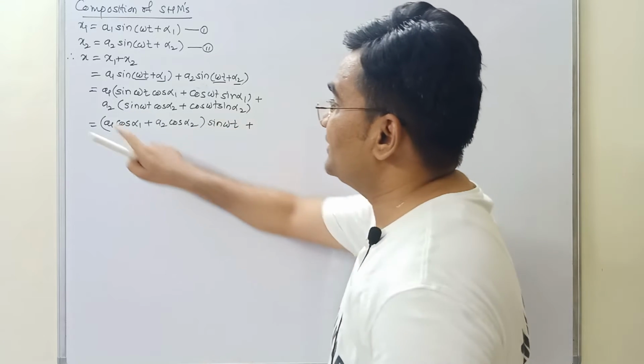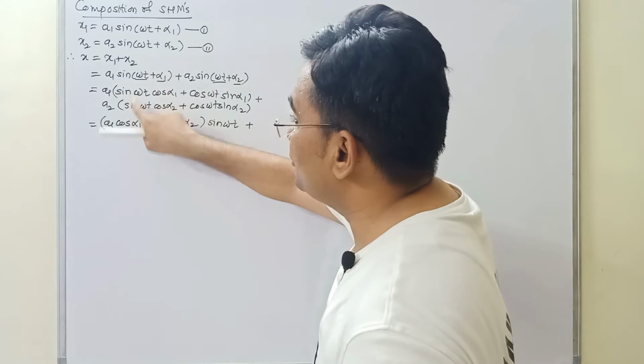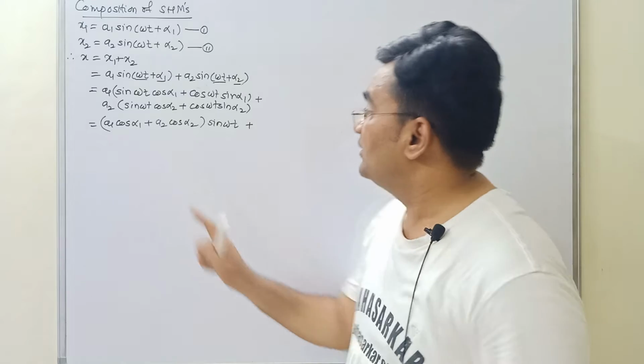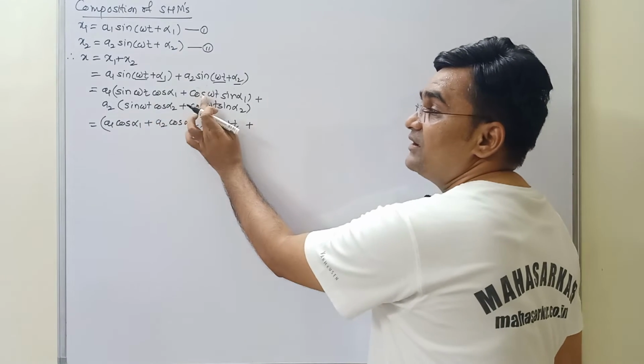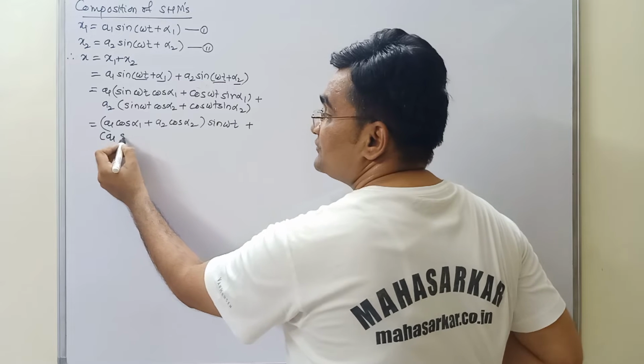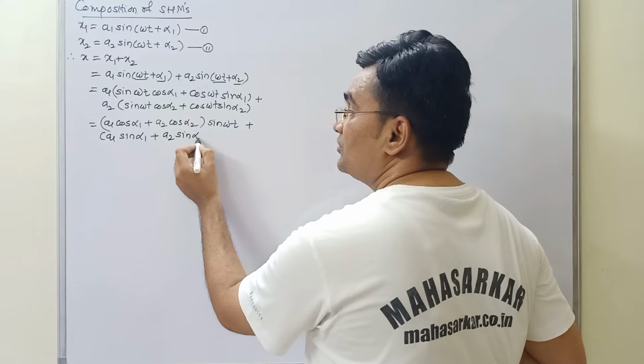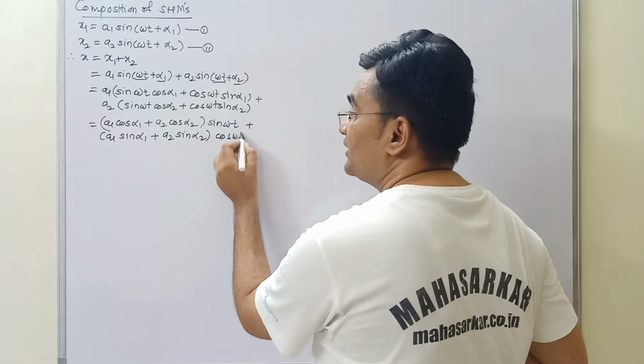See, it is a very simple step. I have multiplied this entire bracket with a1, and if I add them, these two will be added, so sin omega t is common. Similarly here, cos omega t will be common. So how will you write? a1 sin alpha 1 plus a2 sin alpha 2, into cos omega t.